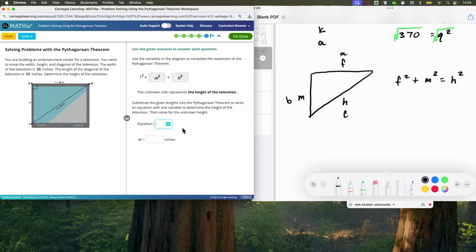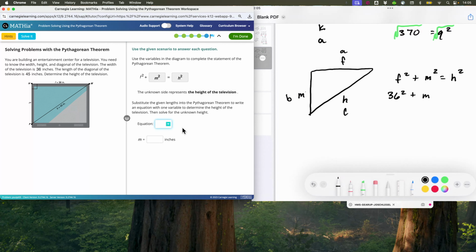36 is F, and H is 45. And so 36 squared is 1296 plus M squared is equal to 45 squared, 2025.